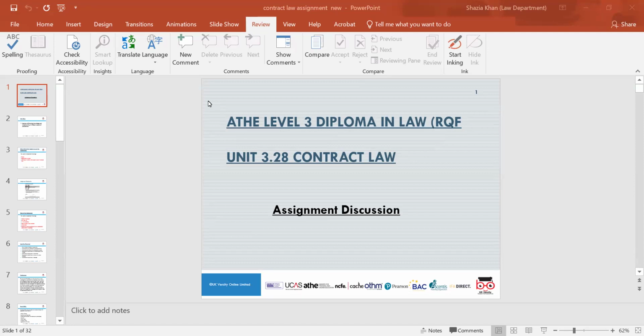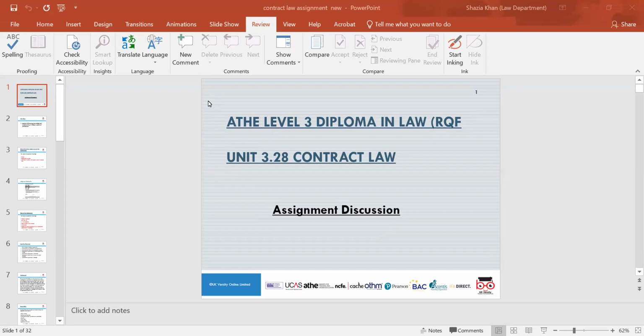So the first learning outcome that we looked at, all these learning outcomes will relate to the assignments, which we'll go through, is learning outcome 1. In learning outcome 1, we looked at the key principles of contract law. So we looked at what a contract is, an agreement between 2 or more parties, and a legally binding contract.